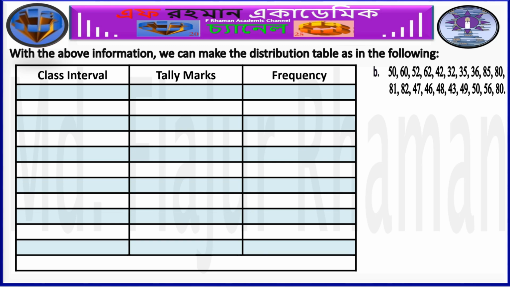Let us now write the classes in the first column. If it is possible to write the first class interval starting with 30, then we can have a convenient and nice pattern of class intervals for easy calculation.